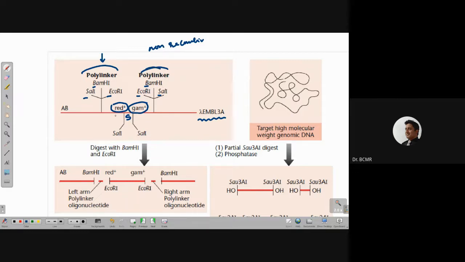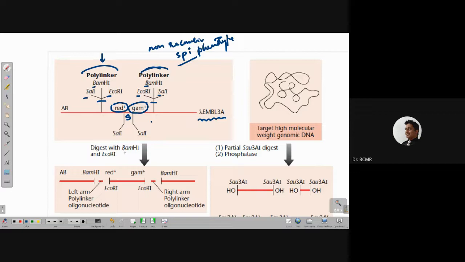They have put in red and gam to capitalize on the Spi phenotype, sensitive to P2 inhibition. And how to use these polylinkers and the Spi phenotype, the whole protocol or sequence of steps, is what we are going to review today.